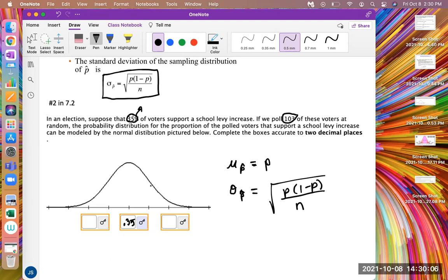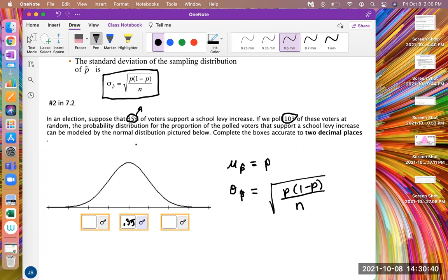When we do sampling, it's without replacement. So technically it's not independent, but what they say is if the sample size is a lot smaller than the entire population, then taking one person out doesn't really change your probability of getting a second person who's for the school levy, because it's such a large population. Taking 1% out barely makes any difference.